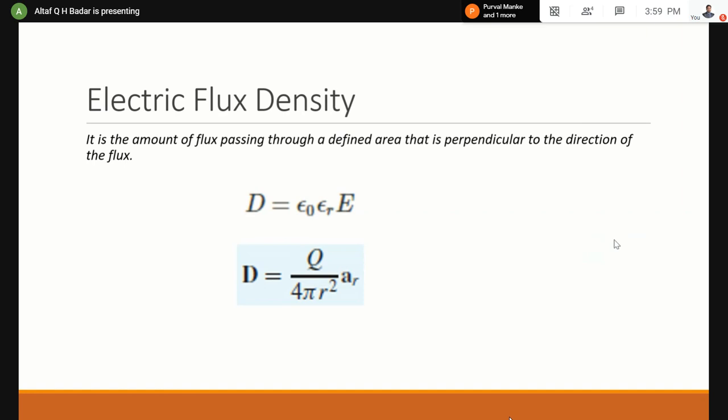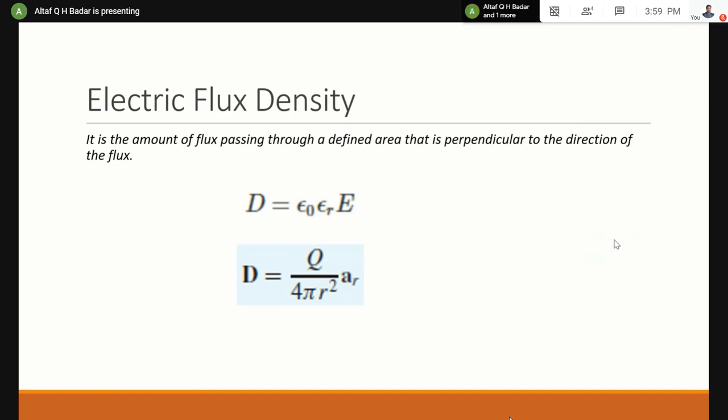So this is a very common thing which we all know. And that is why the formula is D equals Q by 4 pi R square into AR. So electric flux density also gives a measure of the strength of an electric field generated by free electric charge, corresponding to the number of electric lines of force passing through a given area.